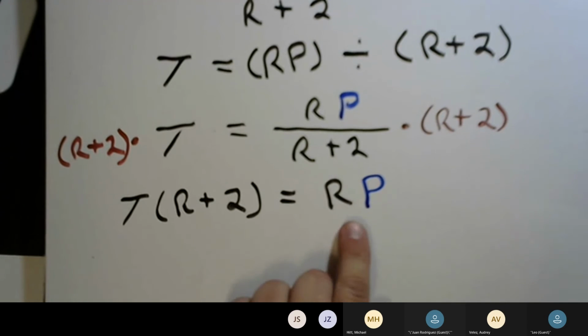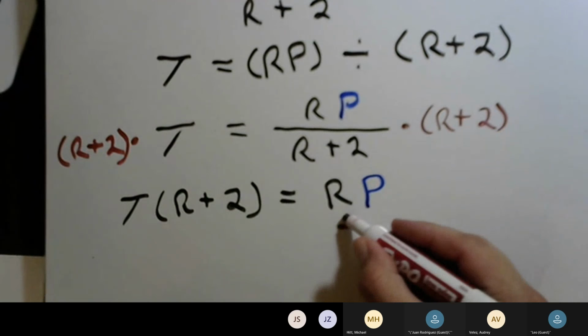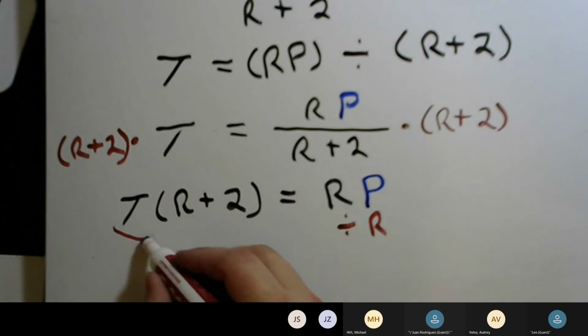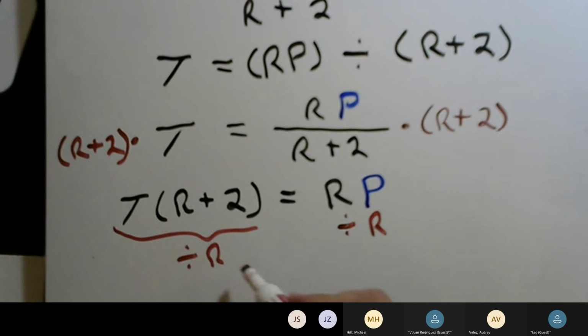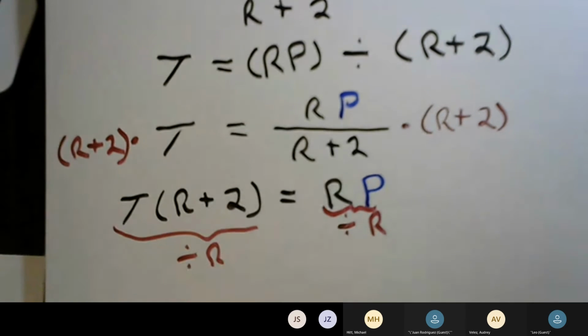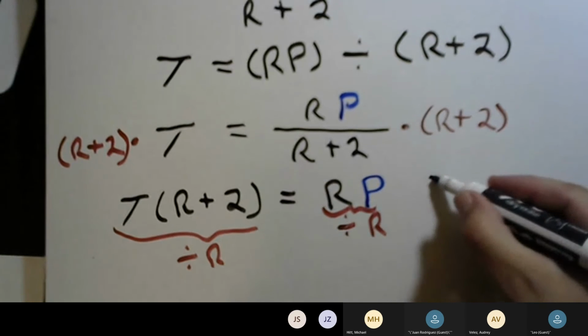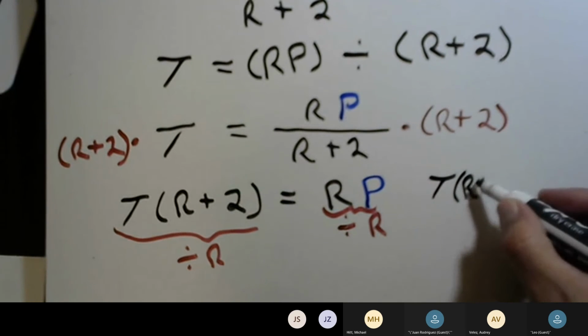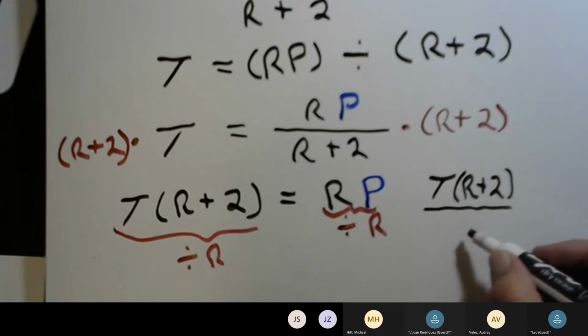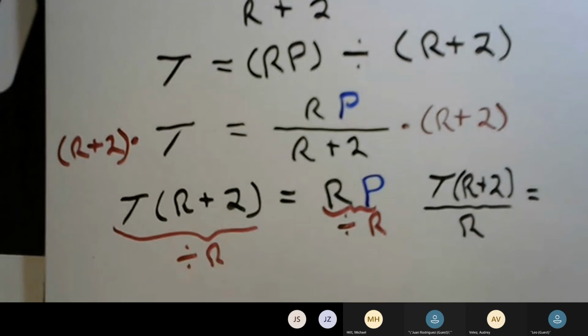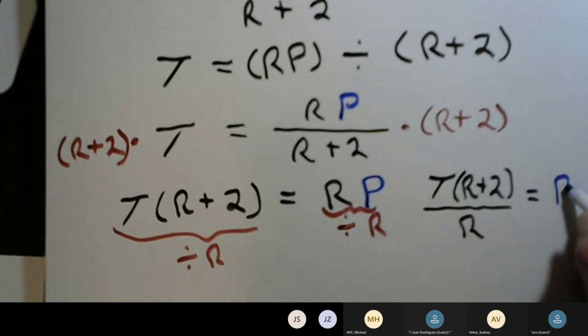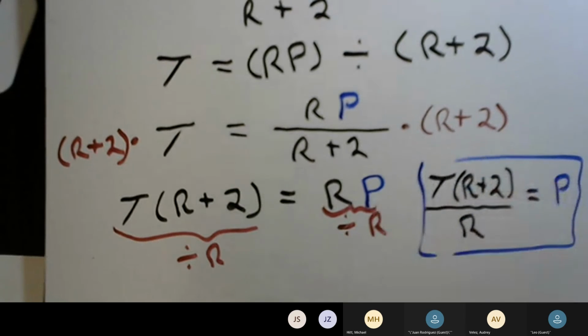One last thing, opposite of multiplying by R, divide both sides by R. We're actually dividing this side by R. And when we do, these are going to cancel. We're dividing this side by R, the whole side. And so we get our final answer like so. Questions about that?